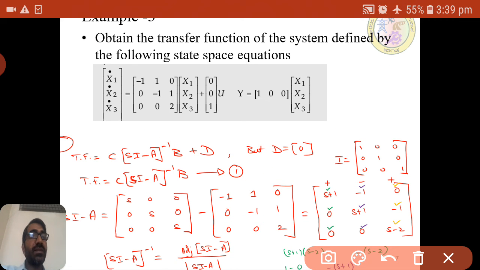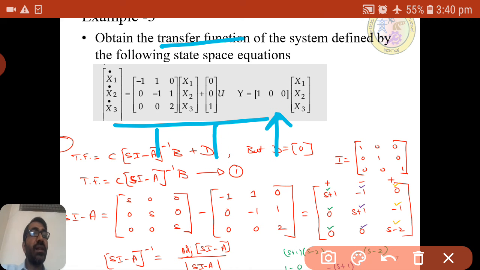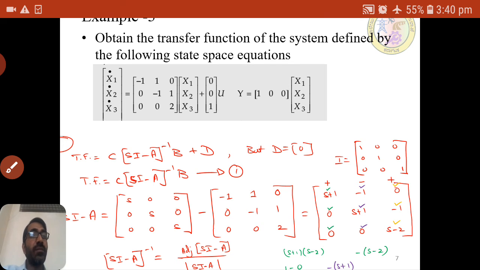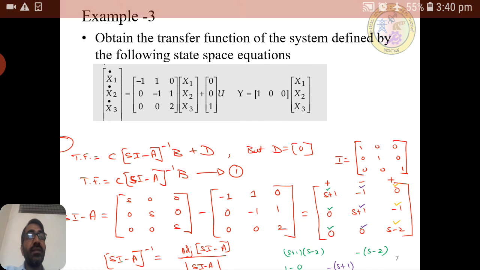Now we'll consider the other problem. Here also we need to find the transfer function, which is defined by the following equation. Here this is A, this is B, and this is C, and here also D is 0. In this problem also D is 0, as we have written here.